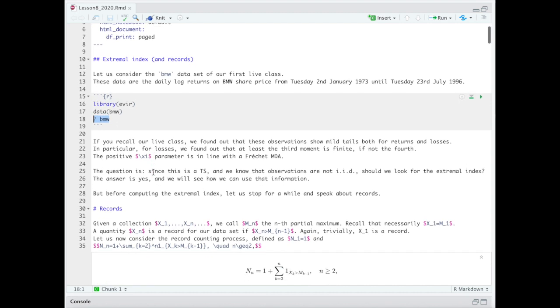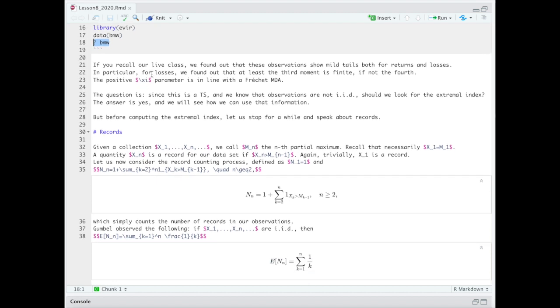Now, if you remember what we have said in our live class, this data set shows some mild tails both for the returns and the losses. In particular, if we focus on losses, we find out that these tails belong to the Frechet maximum domain of attraction because the psi parameter that we compute is positive and significant.